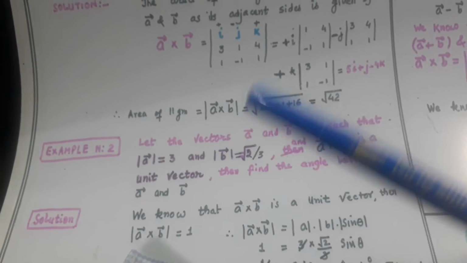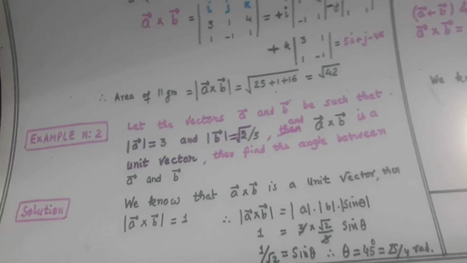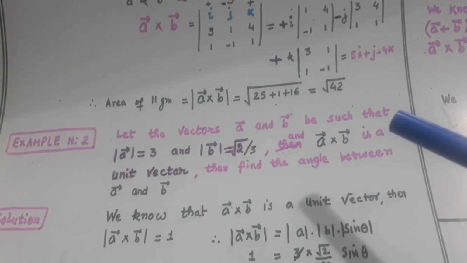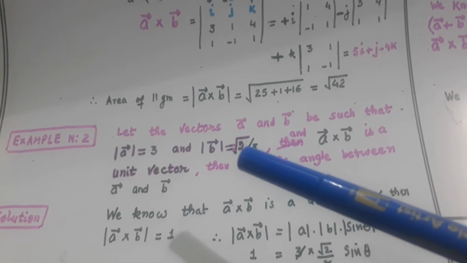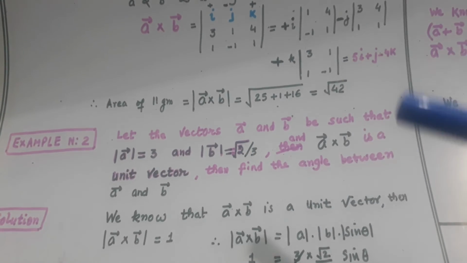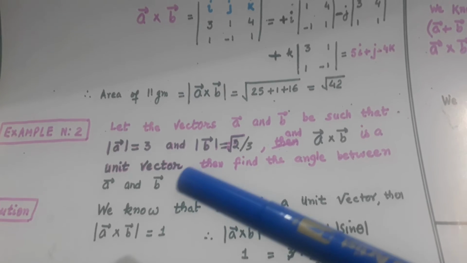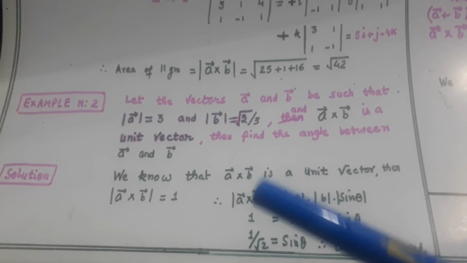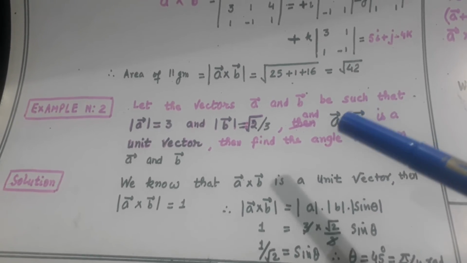Let us go to example number 2. Let the vectors A and B be such that magnitude of A is 3, magnitude of B is root 2 by 3, and A cross B is a unit vector. Then find the angle between them. Now, we know that A cross B is a unit vector. It is given here.